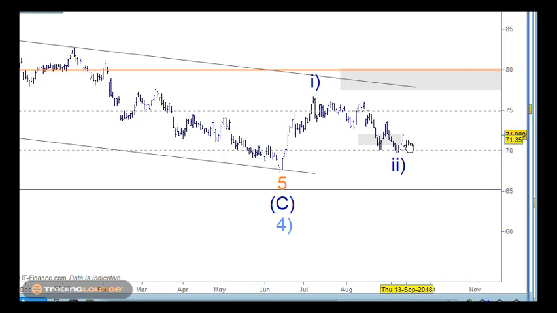Basically, in this first little instance, we want to see 5 waves up. And if we get the 5 waves up, then we know that we're going to get some pullback. But I wouldn't expect it to pull back too much. But I want to see that first 5 waves here. And in that case, then we can look to move up further. So I just really wanted to point that out.